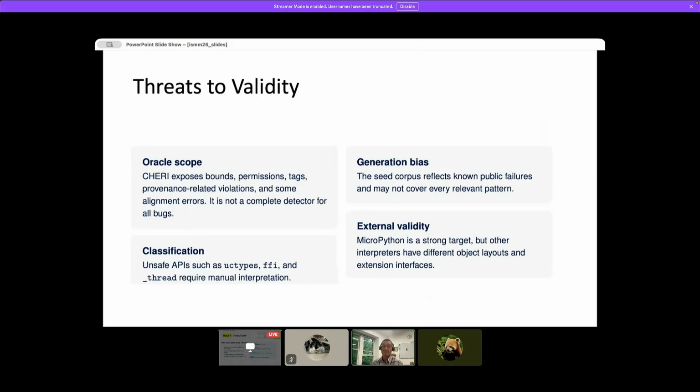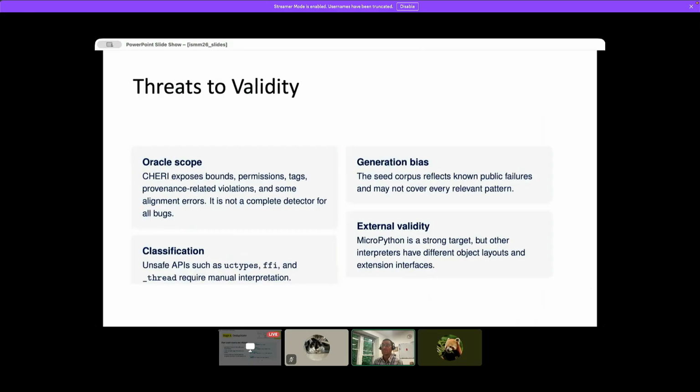In terms of the validity of our experiments, we have noted some threats to validity. CHERI is a nice oracle for memory safety, but it doesn't detect all bugs. If you have fields within an object, CHERI can't find intra-object memory corruptions. It's only working at the object level.